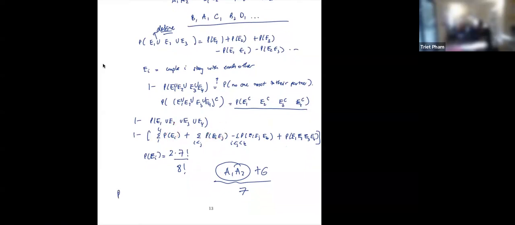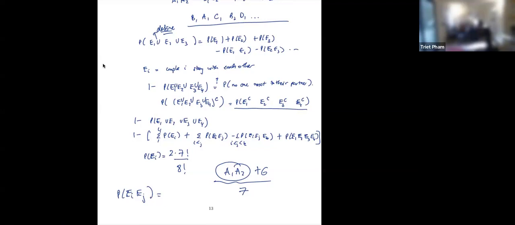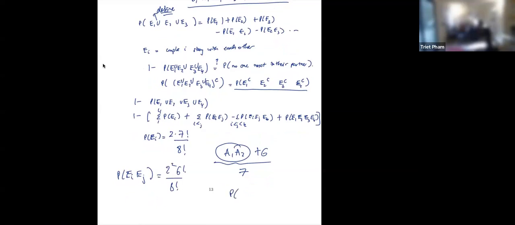How about P(E_i E_j)? 6 factorial times 2 to the 2, and then over 8 factorial. Correct. 6 factorial, 2 squared over 8 factorial. All right. So we got the idea. E_i, E_j, E_k will be, is it 6 factorial or not?